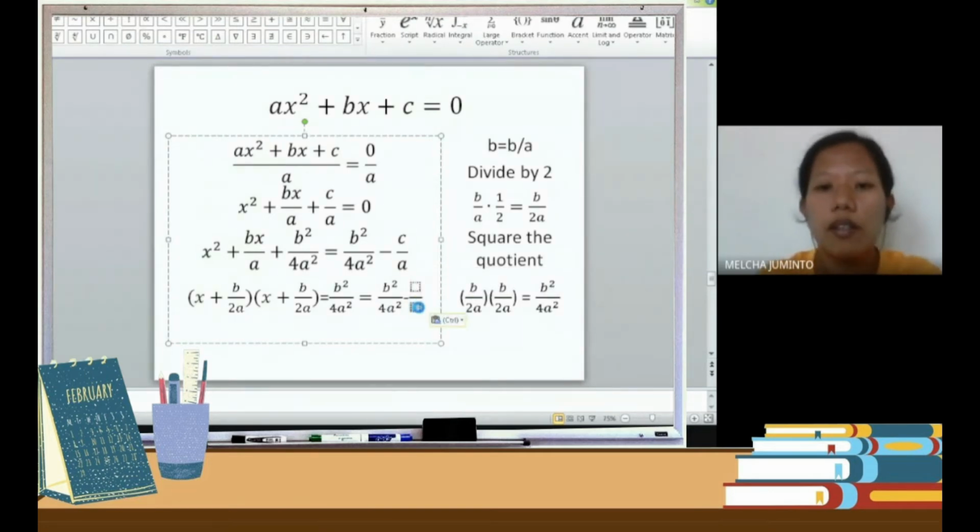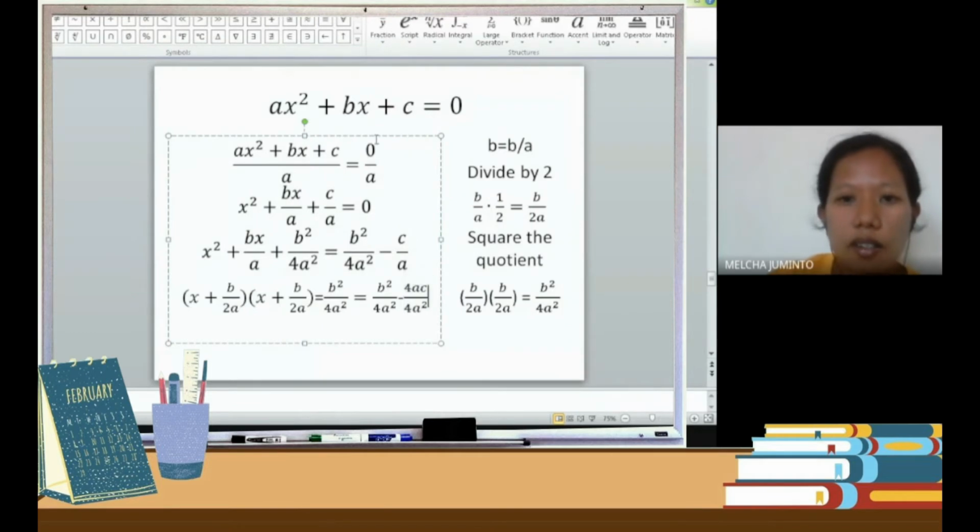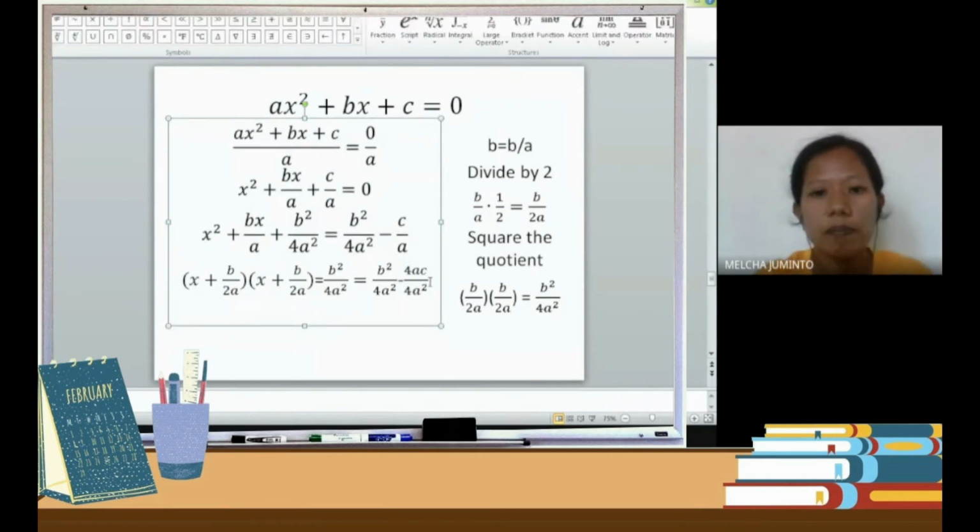We will rewrite c over a as a new fraction with denominator 4a squared. 4a squared divided by a is 4a. Multiply it with c, 4ac. Okay. Next, I will continue the solution. Equals, sa baba na.